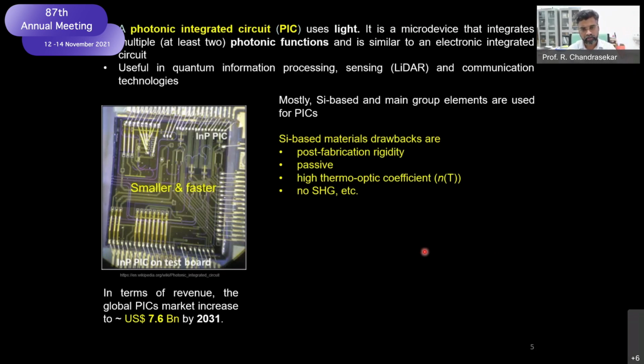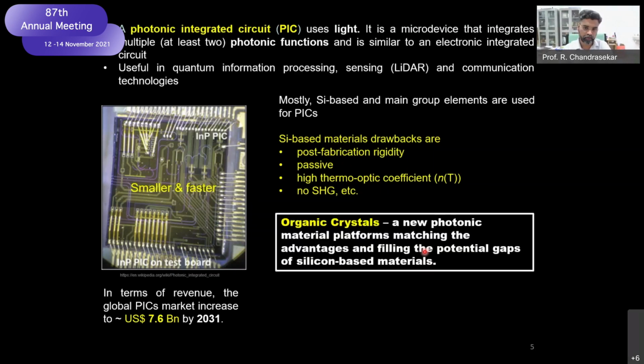Silicon has many advantages, like high refractive index and CMOS compatibility during fabrication, but it also has some drawbacks like post-fabrication rigidity, passivity, and high thermo-optic coefficient. Silicon is a centrosymmetric material, so we can't expect any second harmonic generation. We have multi-photon emission, but those properties are quite weak for silicon-based materials.